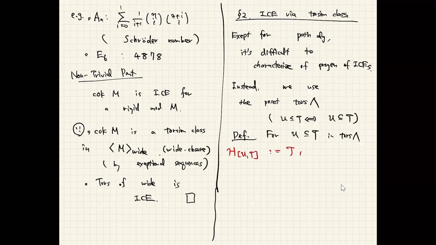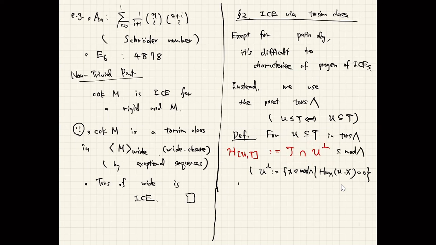This is defined by the intersection of T and U^⊥, where U^⊥ is the subcategory of mod Λ such that Hom from every object in U to X is equal to 0. So there are no homs from U to X.